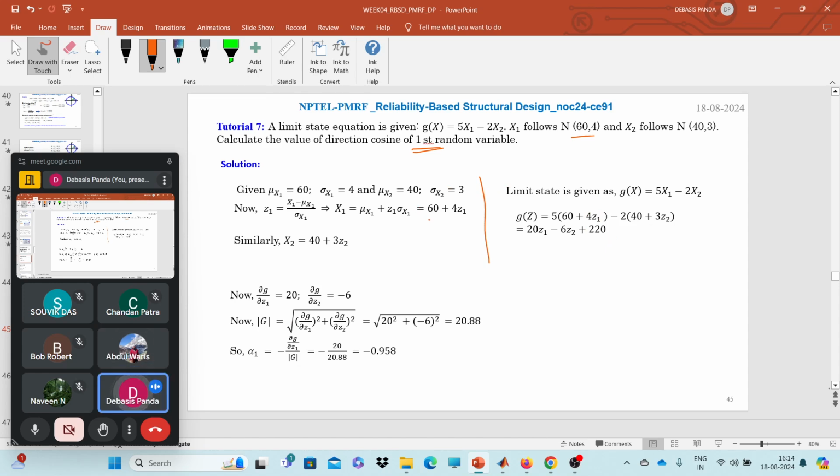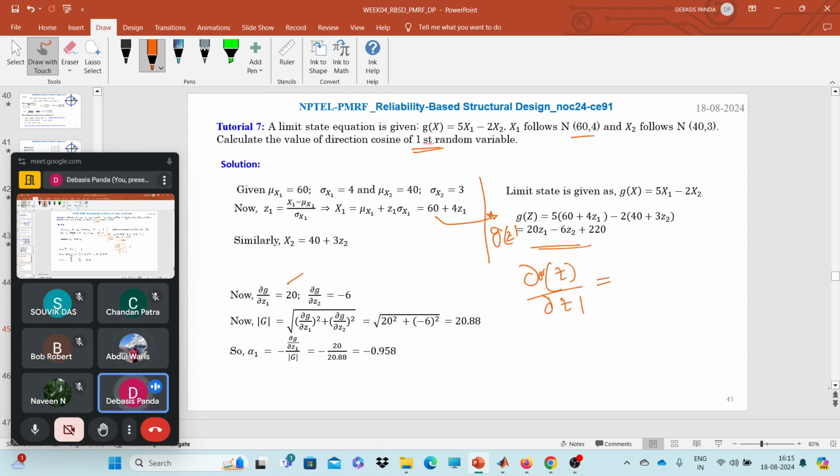So first you need to convert it into standard normal space. You have mu and sigma. You just convert it into standard normal space. So you have the value of g(z). Yes or no? Now to find the direction cosines, what do you need to do? You need to differentiate g(z) with respect to z1.